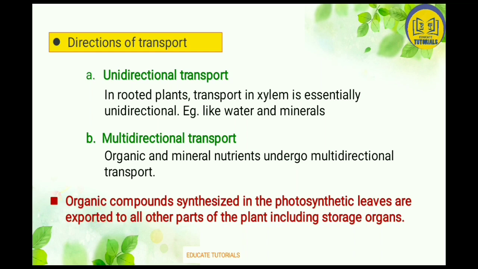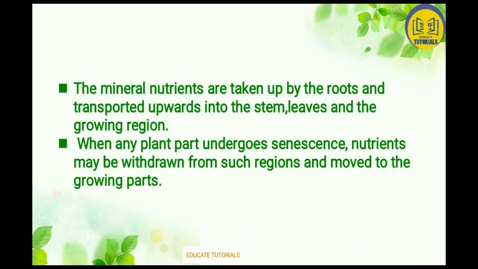You all have studied the photosynthesis process in which organic compounds are synthesized in photosynthetic leaves, so that organic compounds are exported or transported to all the other parts of a plant, including the storage body, for energy utilization. And the mineral nutrients are taken up by the roots, and transported upward to the stem, leaves, and the growing regions.